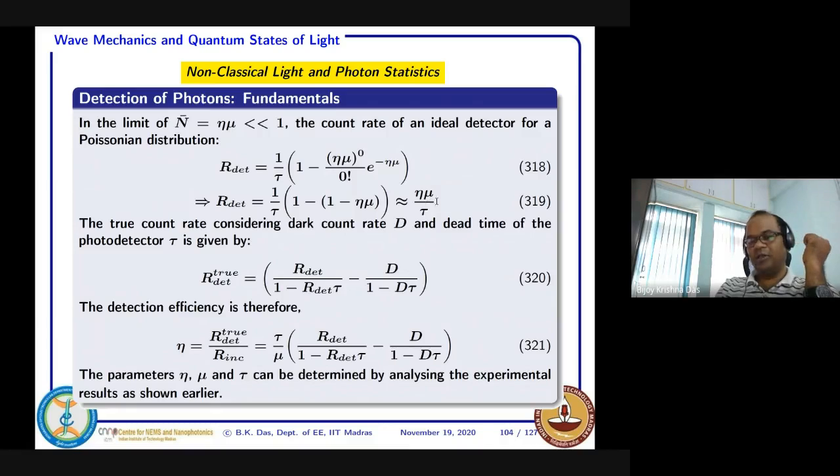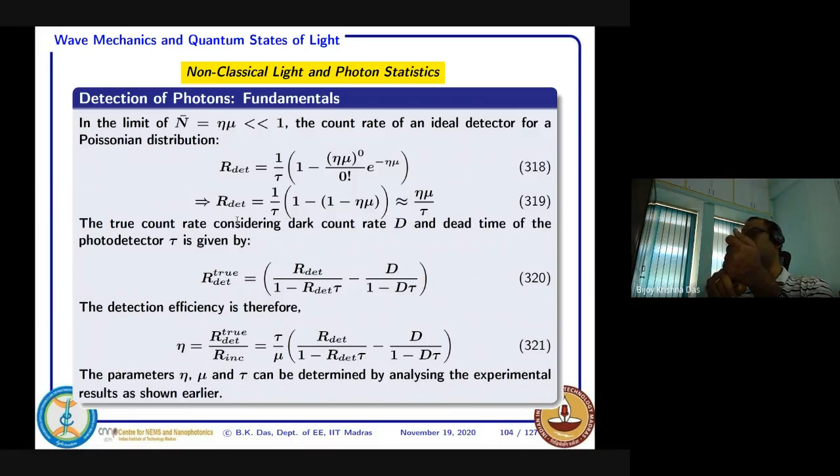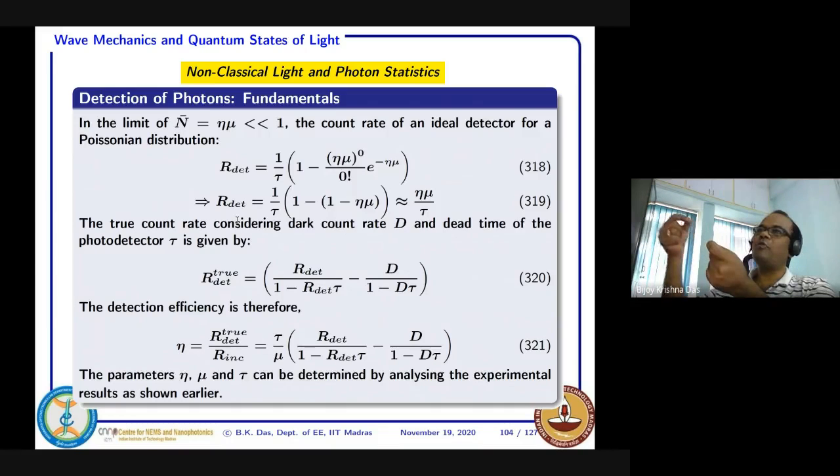Now we see your detection rate is proportional to the average number of photons, because eta is constant and the time sample you are considering is constant. So your count rate at the photodetector will be eta times mu. This count rate means you should always keep in mind, it is not like one photon comes, one electron-hole pair generates and you detect only one electron.